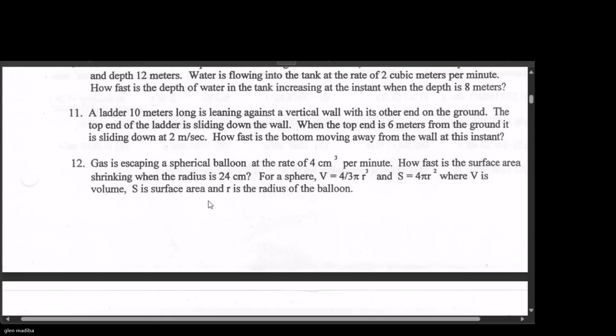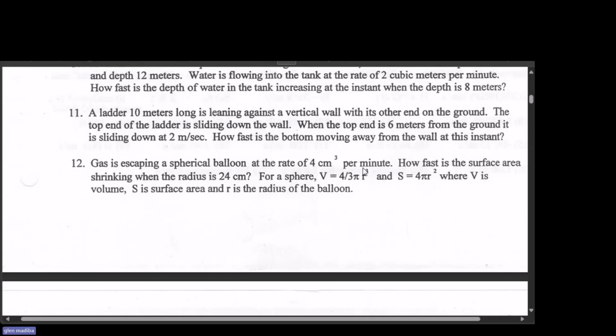Now, we know the rate at which the volume is changing per time is minus 4 cubic centimeter per minute. That's our dV over dt. It is minus because gas is escaping the balloon. Okay? r is 24.